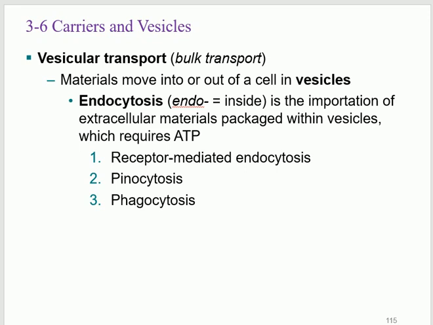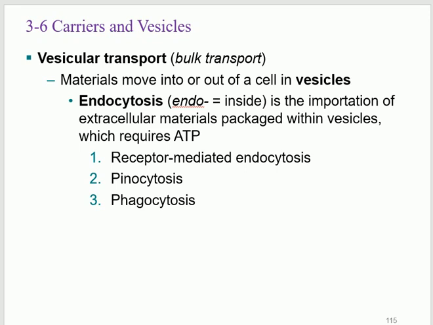So if the nature of that something that you want to move in or out is fluid, we call it pinocytosis, which means drinking, as if the cell is drinking something in. If it is something solid, we call it phagocytosis. And there is a third one that's called receptor mediated. We will talk about it.